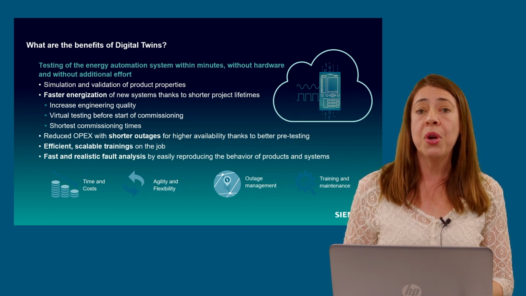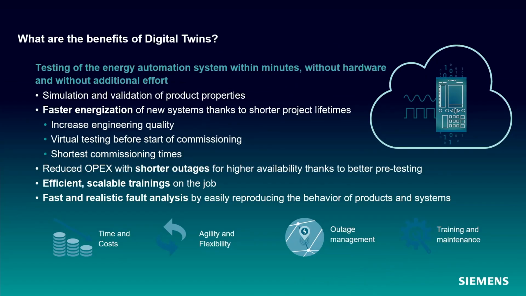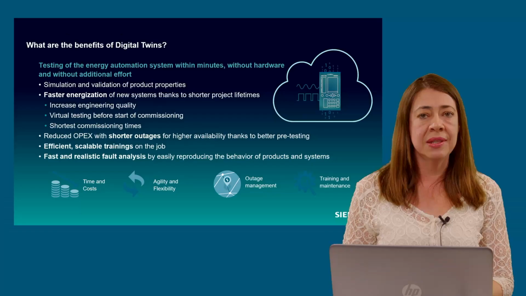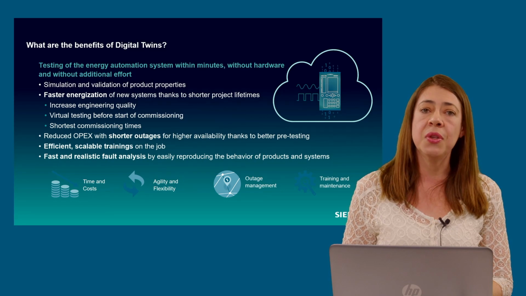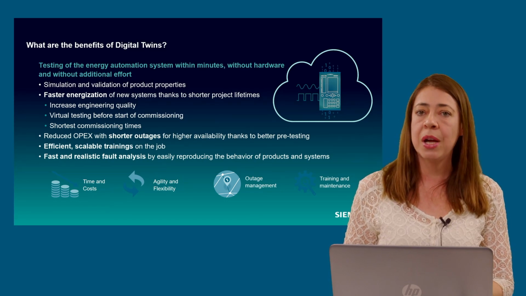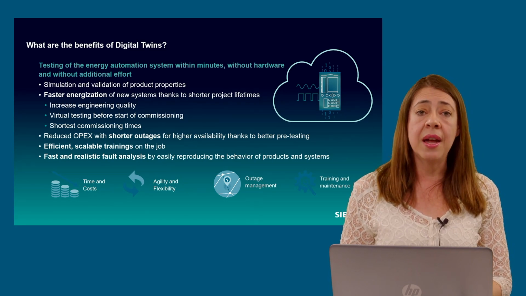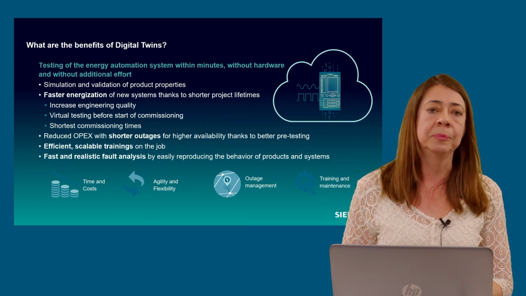You achieve a more efficient engineering process, smooth installation, and cost-efficient commissioning phases. For intervention in operative systems, the extensive pre-testing ensures short outages and so higher system availability. And a faster and realistic fault analysis is granted. All this reducing significantly time and cost, with higher agility and flexibility.